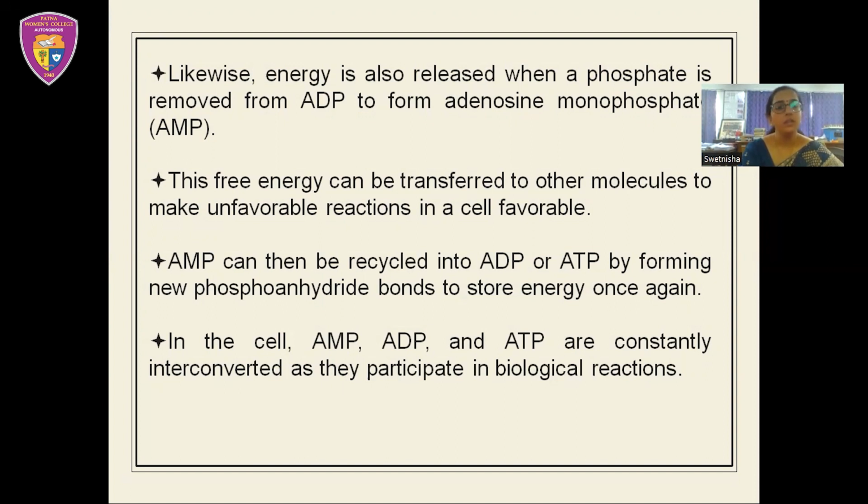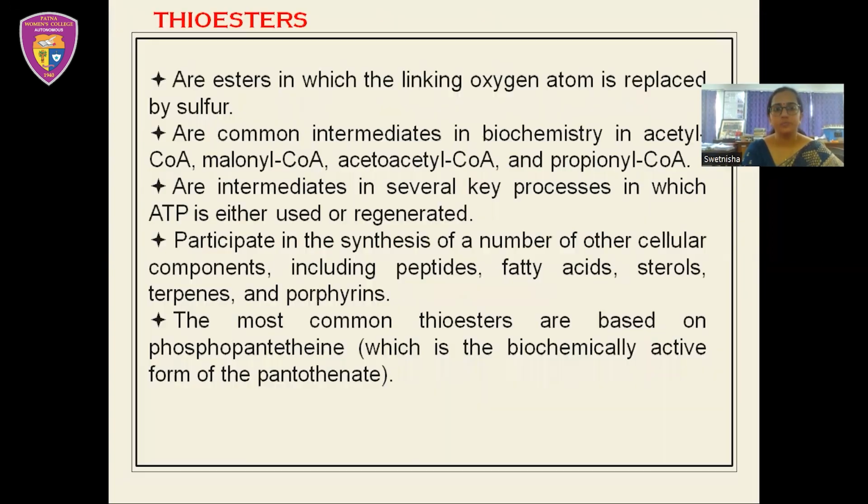So this free energy, released from the breaking of the phosphoanhydride bond of ATP or of ADP, is then utilized to carry out the biochemical reactions which are essential for biological life.